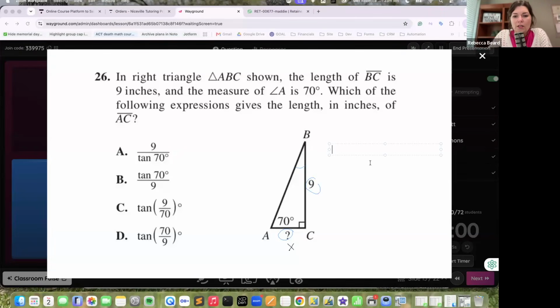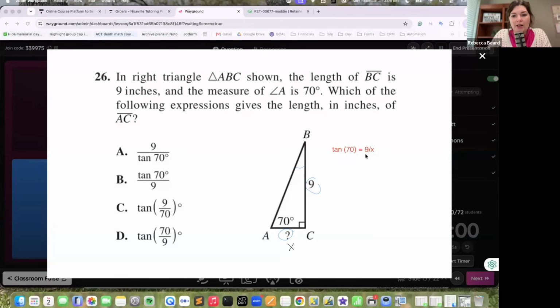So what we need to talk about is how this all lines up. With tangent, and we know it's tangent of 70 degrees, our adjacent is the side right next door, and our opposite should be 9. So you've got 9 divided by x. The way you simplify this is you need to solve for x.